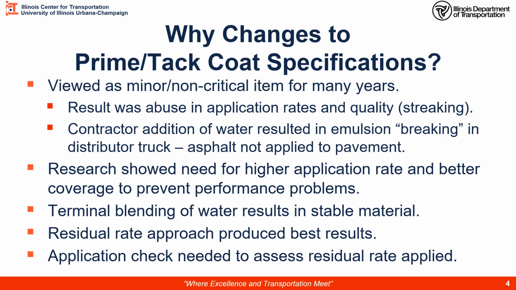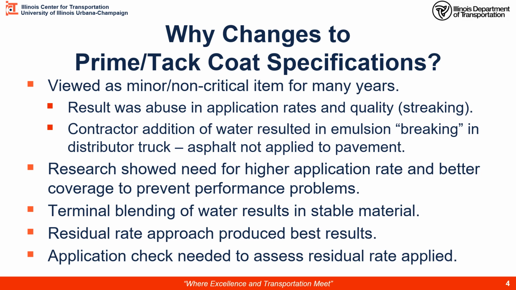You may have seen debonding, especially on interstate systems in the wintertime. This was all tied back to poor tack and prime coats. So one of the things that came out of this is that terminal blending of water needed to be done rather than at the contractor's site. This produces a more stable material.